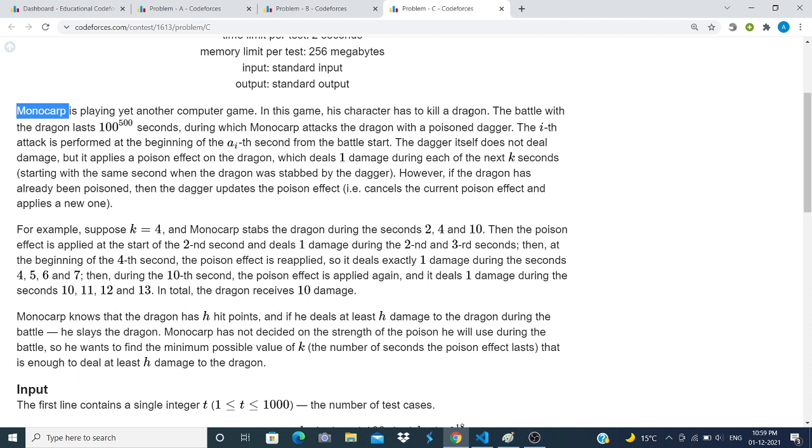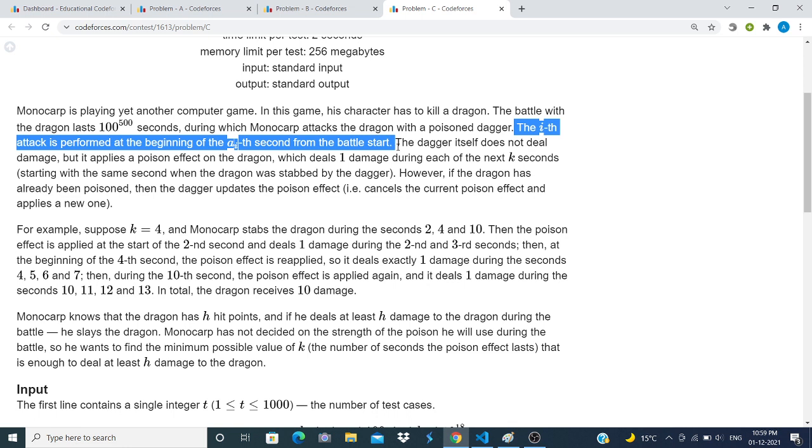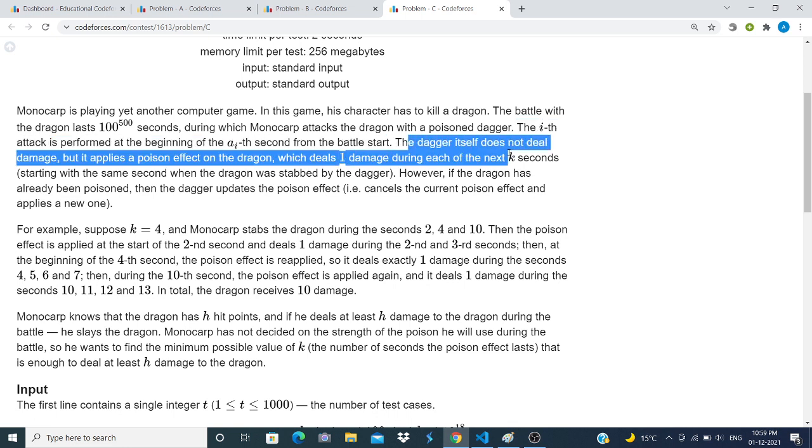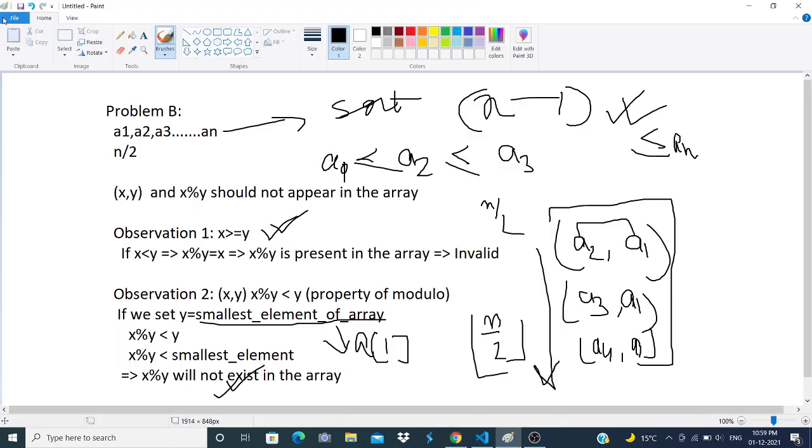Monocarp wants to kill the dragon, and the battle with the dragon lasts 10 to the power 100 seconds, which means it will last for infinite time. The ith attack is performed at the beginning of the ith second of the battle. The dagger itself does not deal damage, but it applies an effect on the dragon, which deals 1 damage during each of the next k seconds.